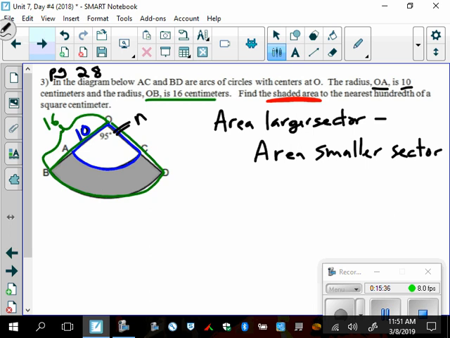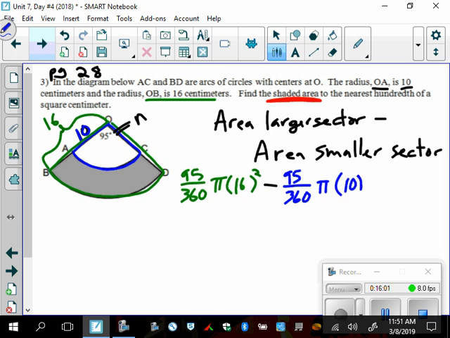All right, so I'm using pi r squared because it's area. For the larger one, I would do 95 over 360 times pi r squared. My radius is 16. And then for the smaller one, I would again do 95 out of 360 pi times 10 squared.